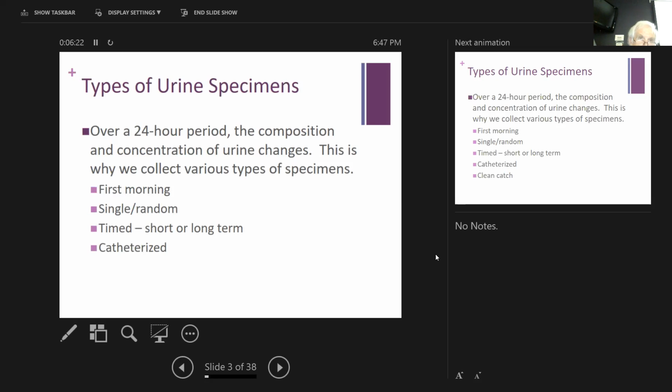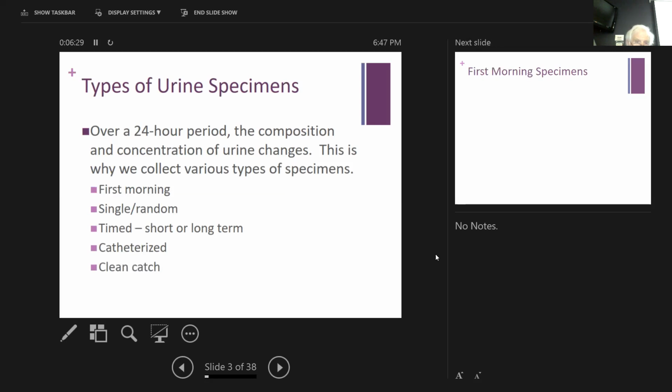We can catheterize and get the contents of the bladder. And then finally, we have the clean catch specimen, which is a specimen that we should be doing for most of our tests, other than the timed, up to 24 hours when we want every drop.